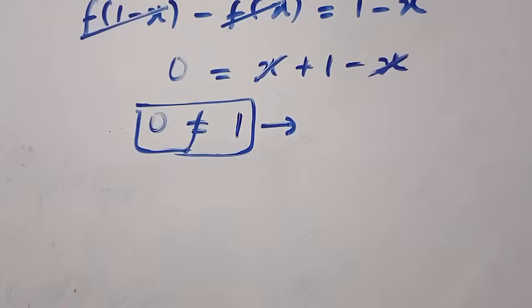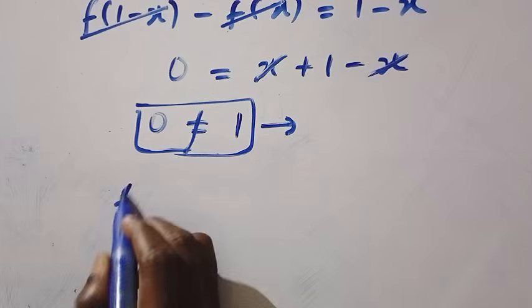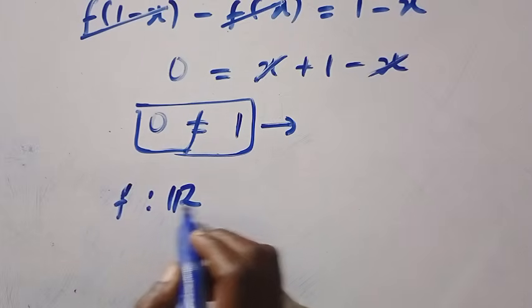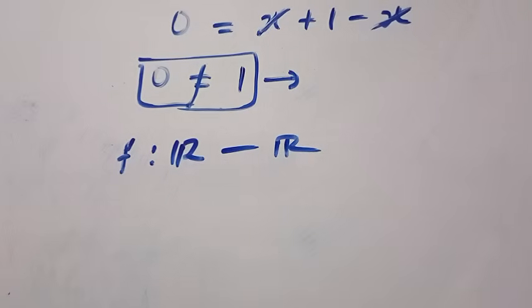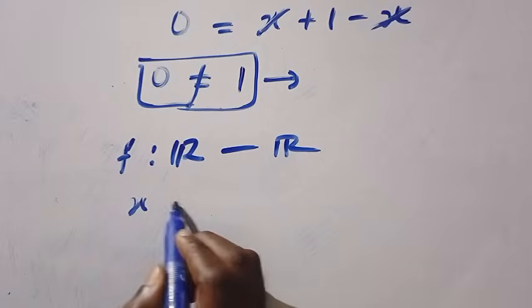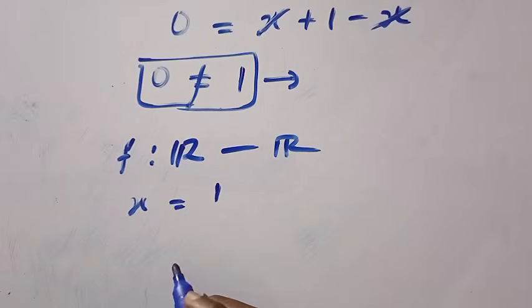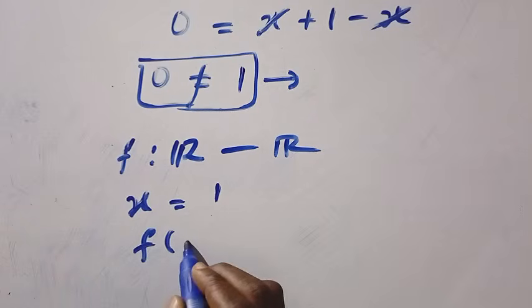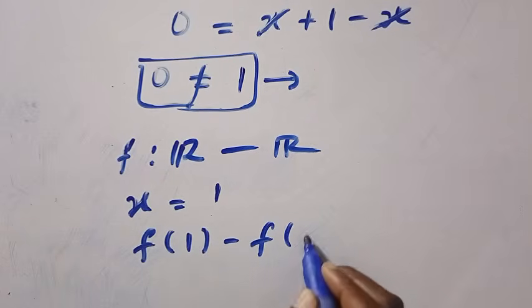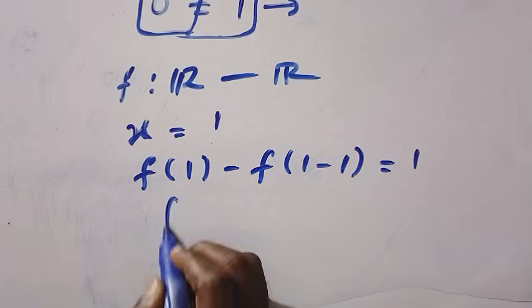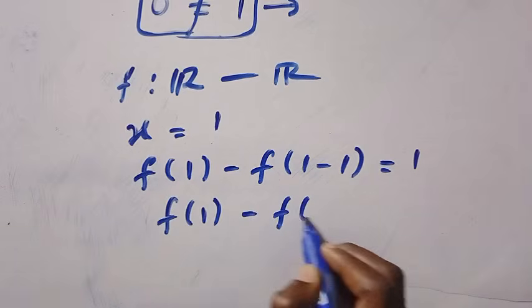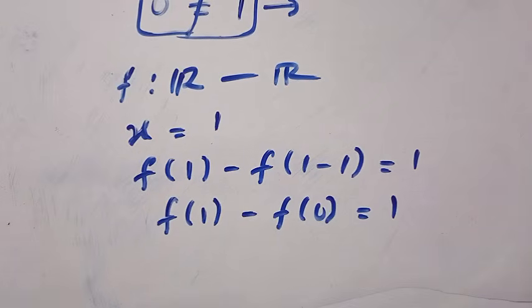And let's do it this way. If f is from R to R, that is every real number, let's test some real values. Assuming I set x equal to 1, we have f of 1 minus f of 1 minus 1 equals 1. So f of 1 minus f of 0 equals 1.